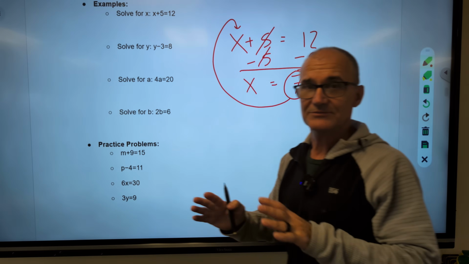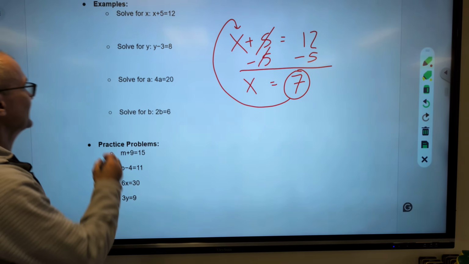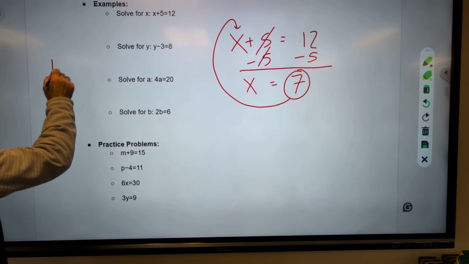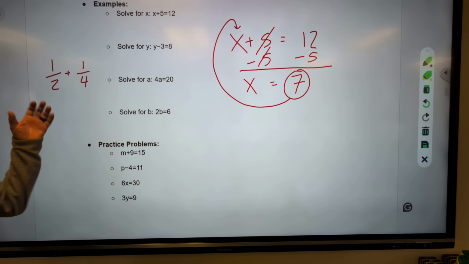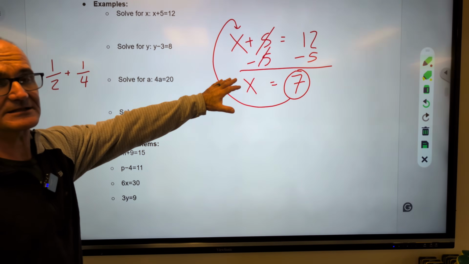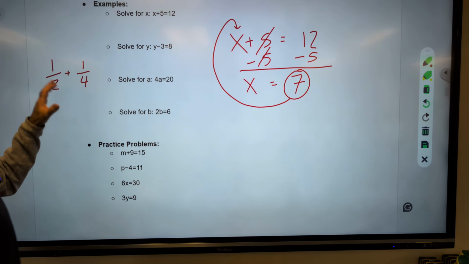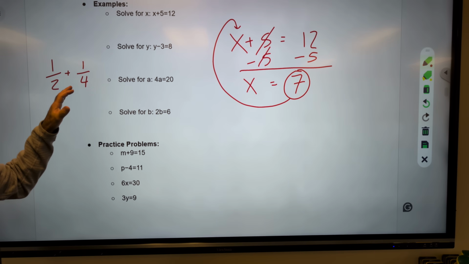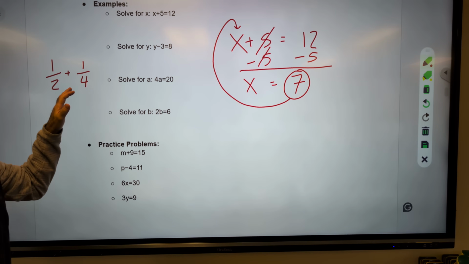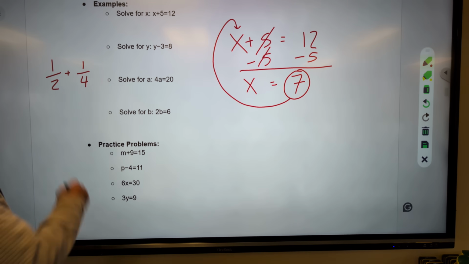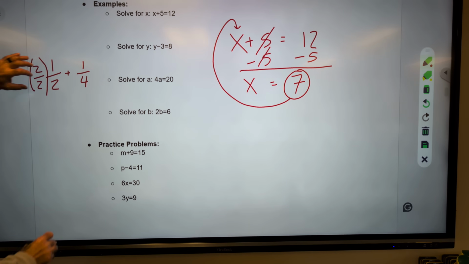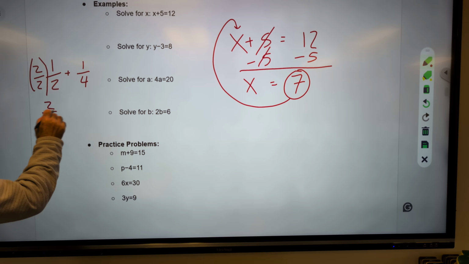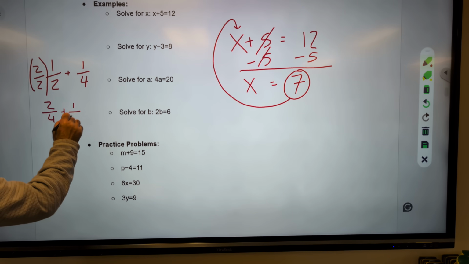Not to overdo a point here, but if I have something like a half plus a quarter, this is an expression, not an equation. I can't do whatever I want to both sides because there are no both sides. The only thing I can do here is multiply by factors of 1. I would multiply this by 2 over 2. I am multiplying by 1. That gives me 2/4 plus 1/4.